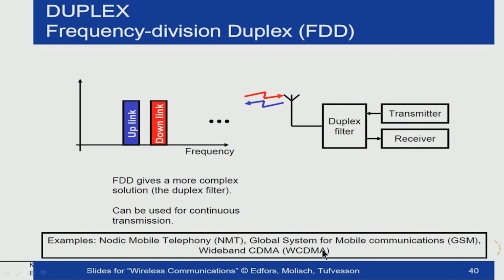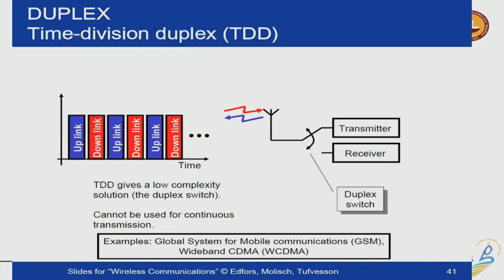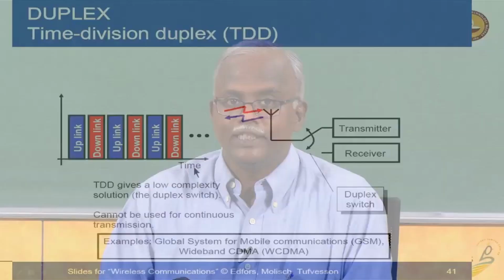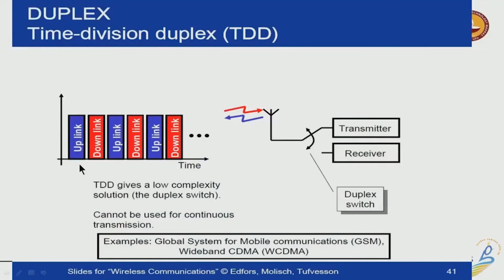Now on the other hand, if you were to look at a time division duplex system, in this case also we have a single antenna that is used for both transmission and reception. However, on the transmission side we find that the uplink and the downlink happen on the same frequency. They are happening on different time slots. So this helps us to use the same frequency for both uplink and downlink by suitably sharing between the uplink and the downlink.